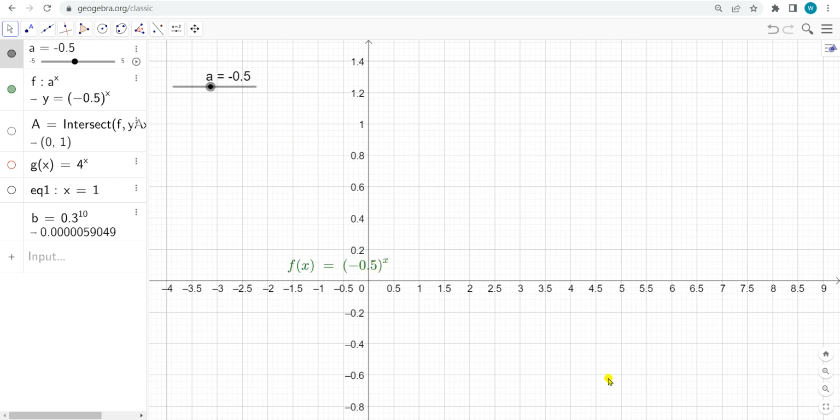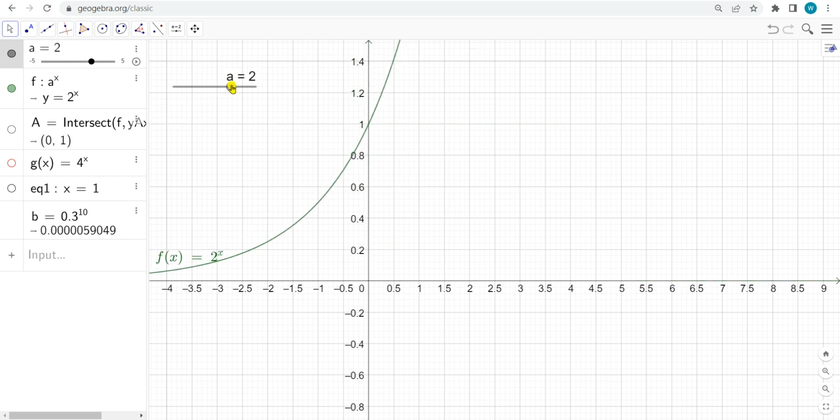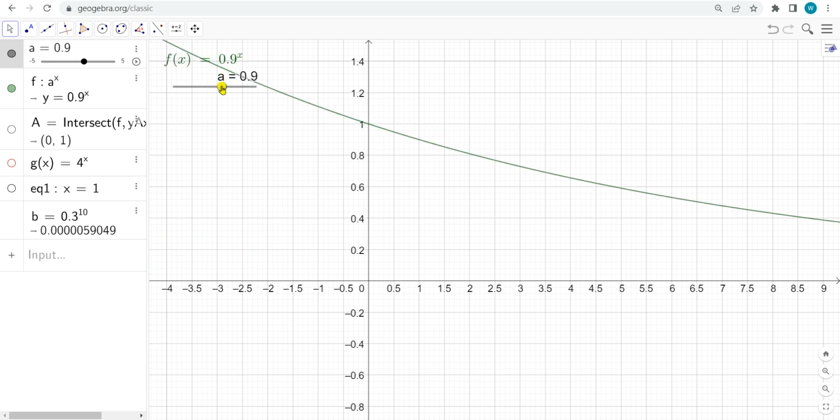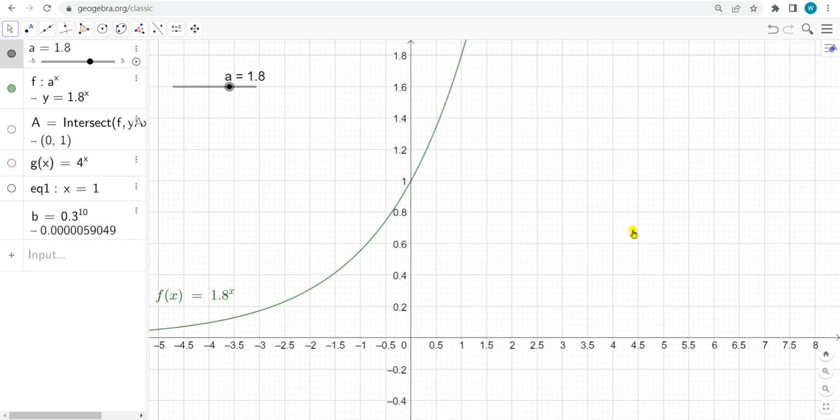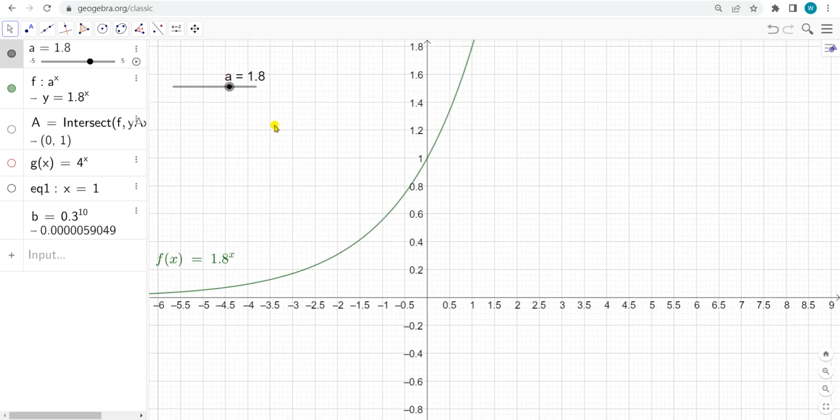So it will fluctuate, okay, and the function is not defined. Therefore, the exponential function is only defined when a is positive. Also, a equal to 1 is a special case we will not consider. And so that's the situation of the exponential graph.